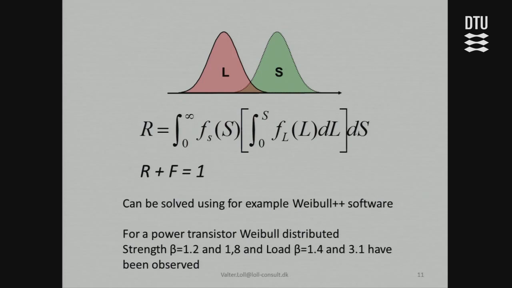Now, for putting things into series, in case A, if you put things into series, the reliability will go down fast, because sooner or later you will use some of these weak items and it will fail.